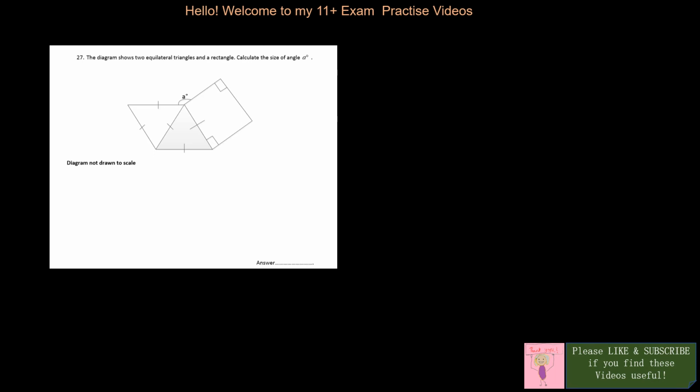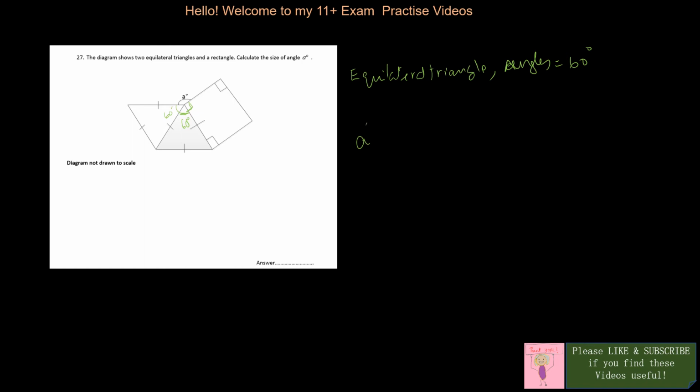Right, okay, we know that if it is an equilateral triangle, then all the angles are 60 degrees. So we will have this 60, we will have this 90, and we will have this 60.